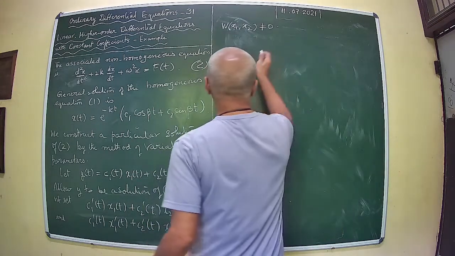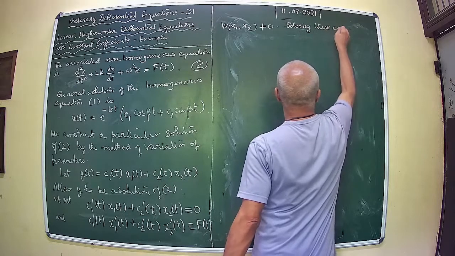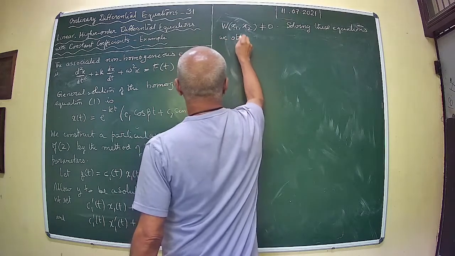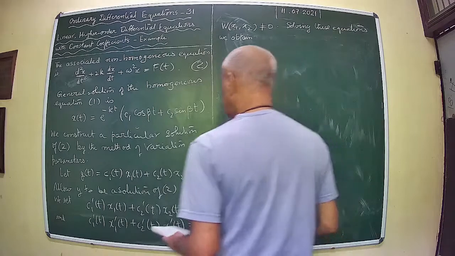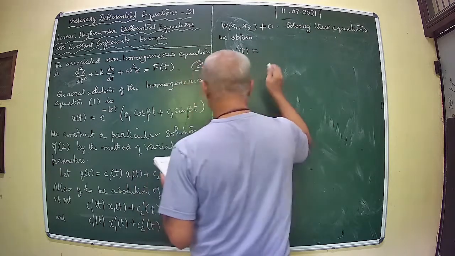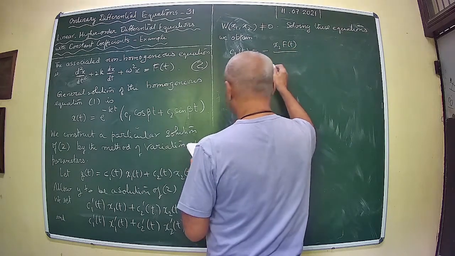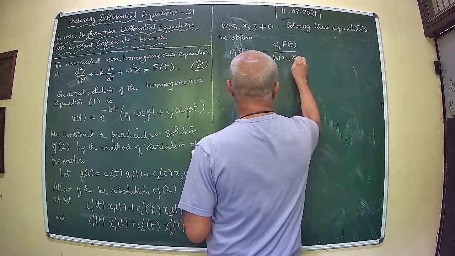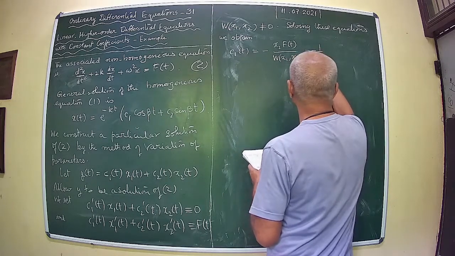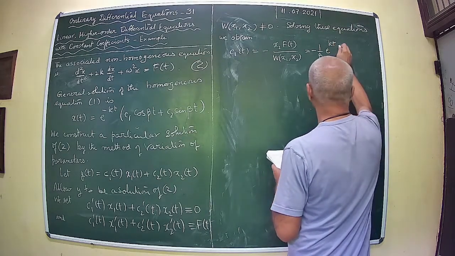Therefore, solving, we obtain C1 derivative of t equal to minus the Wronskian x1 x2, which in turn is computed as 1 upon beta, verify this, e to the power kt into sine beta t.